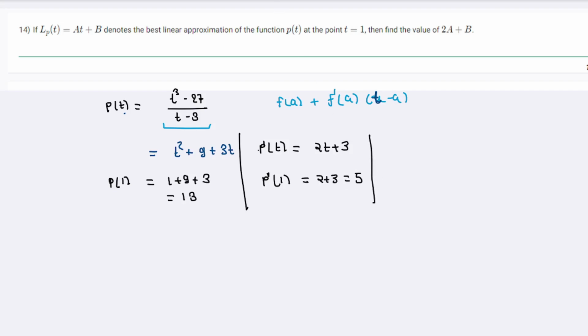Now we can write the linear approximation, which will be equal to 13 plus 5 times t minus 1. So it will be equal to 5t minus 5 plus 13.